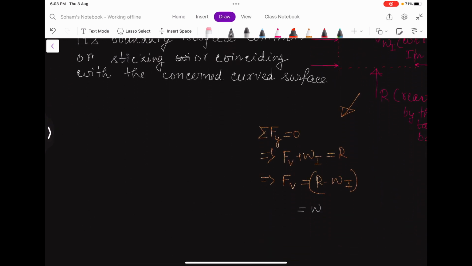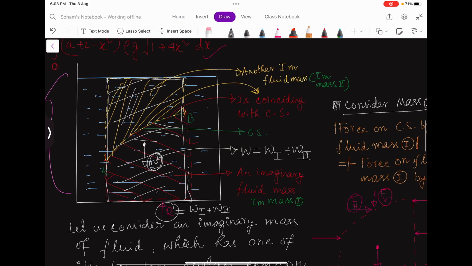So that means this will be W1 plus W2 minus W1, that is equal to W2. So F vertical is equal to W2. That means F vertical is equal to the weight of the fluid mass above the control surface, this much.